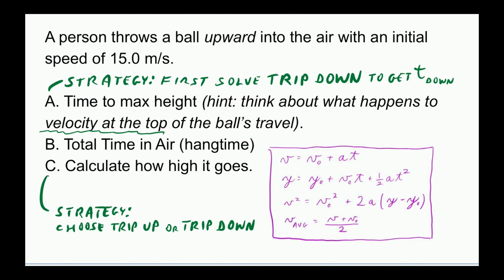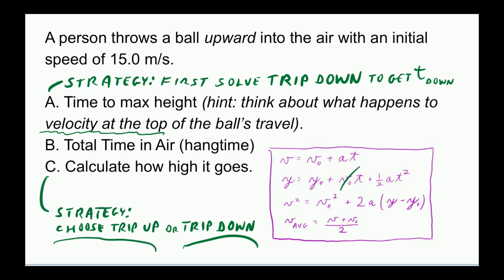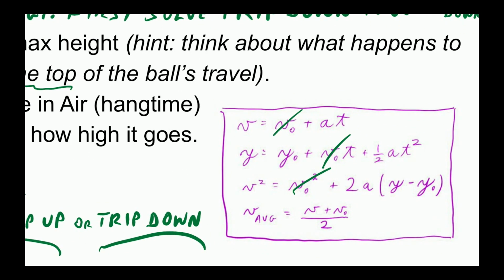If I wanted to solve an up-down problem, usually a good strategy is to choose either the trip up or the trip down. Let's say I want to look at the trip down. I would look at my handy equations, and for the trip down, there is no initial velocity. Isn't that nice? I have to remember, though, what the meaning of this t is.